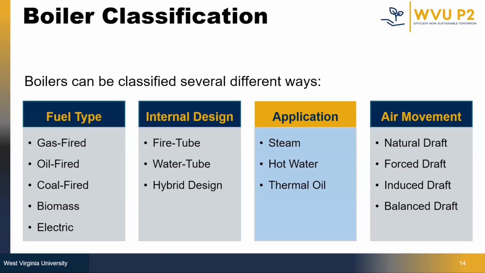Next, boilers are classified based on application. There are different boilers like hot water boilers. These provide hot water for restrooms and kitchens, so they are mostly used in houses. Then there are steam boilers that heat water to the boiling point to make pressurized steam. Steam is widely used in industry for heating, drying, and sterilizing.